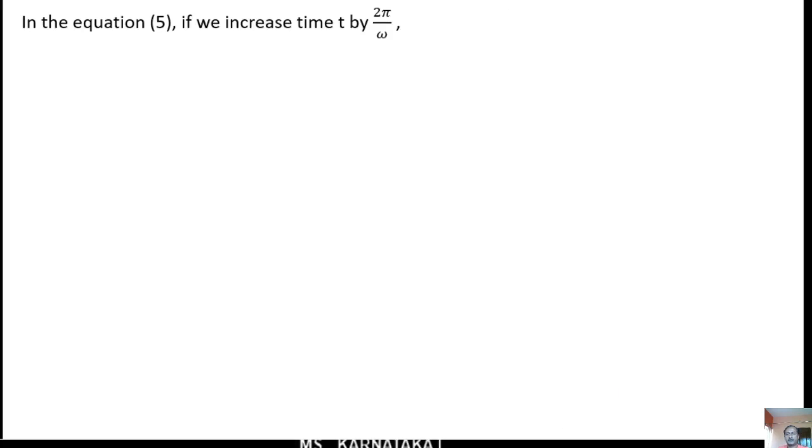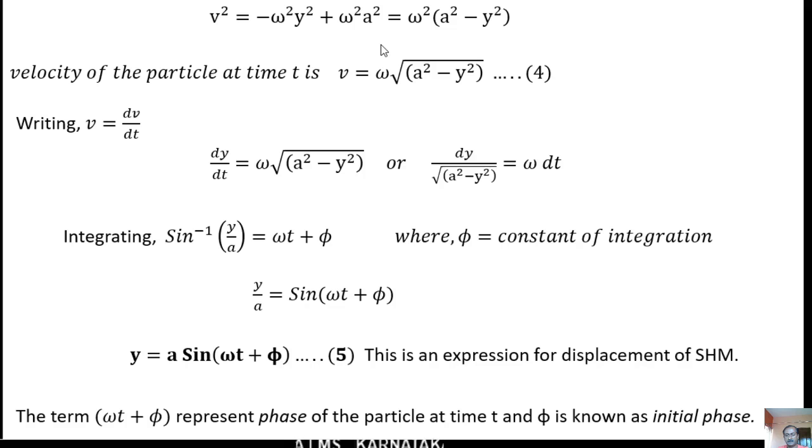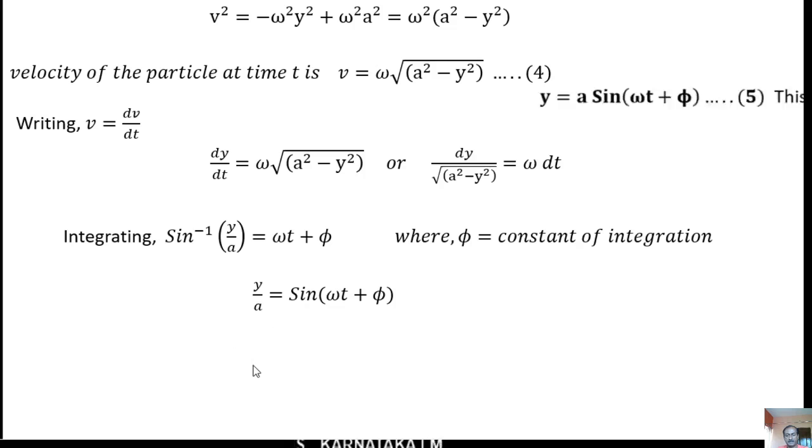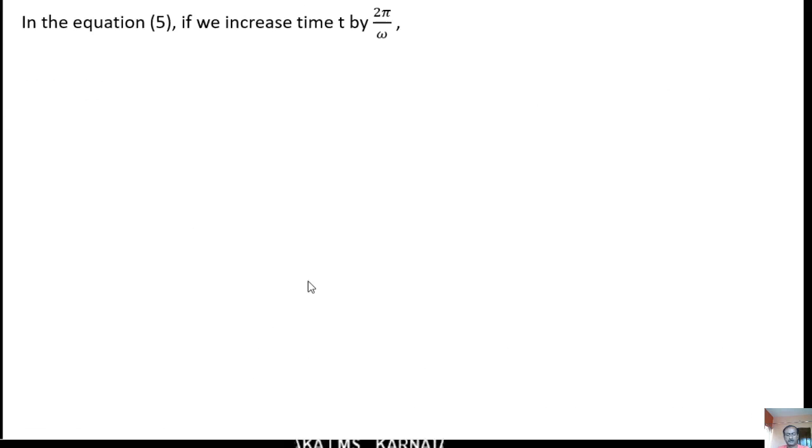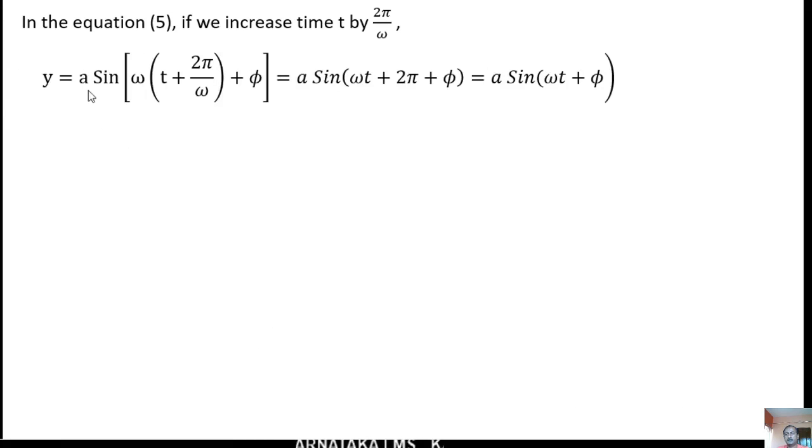In equation 5, we increase the time factor t by 2 pi by omega. Then we get y equals a into sin of omega into t plus 2 pi by omega plus phi.